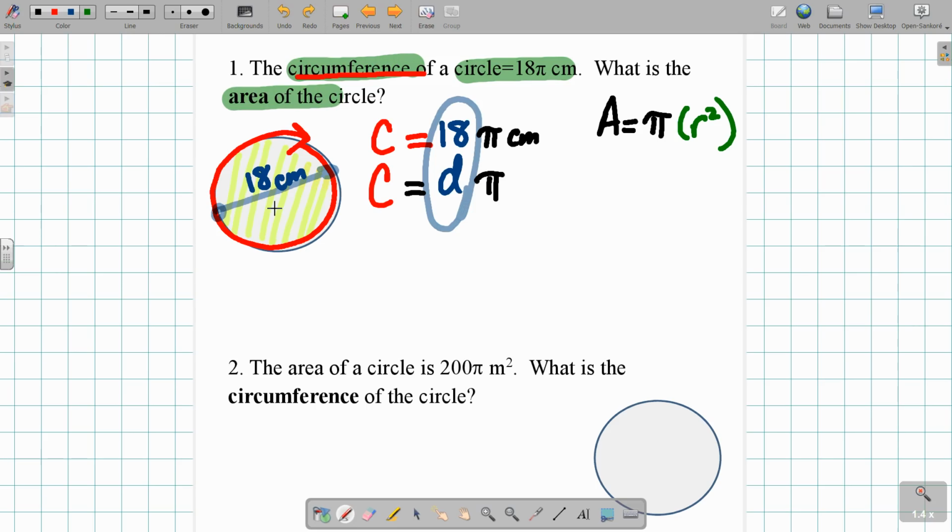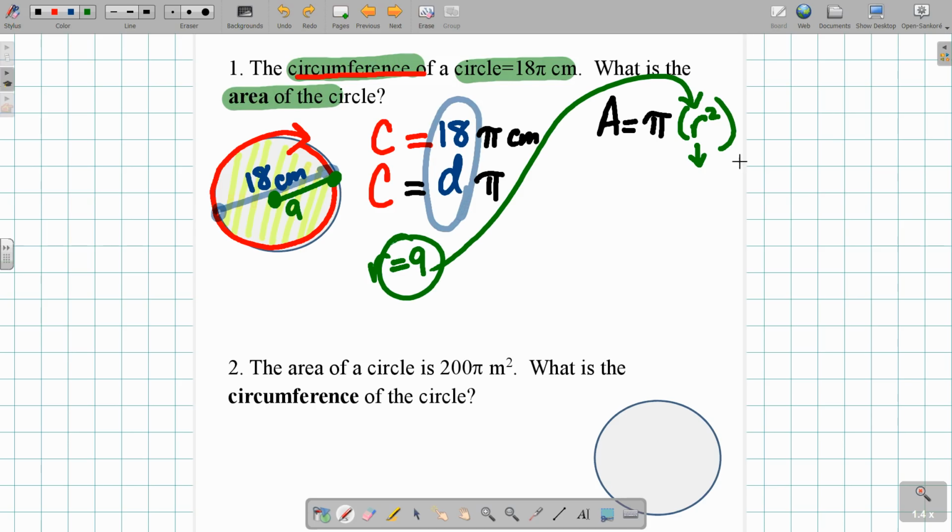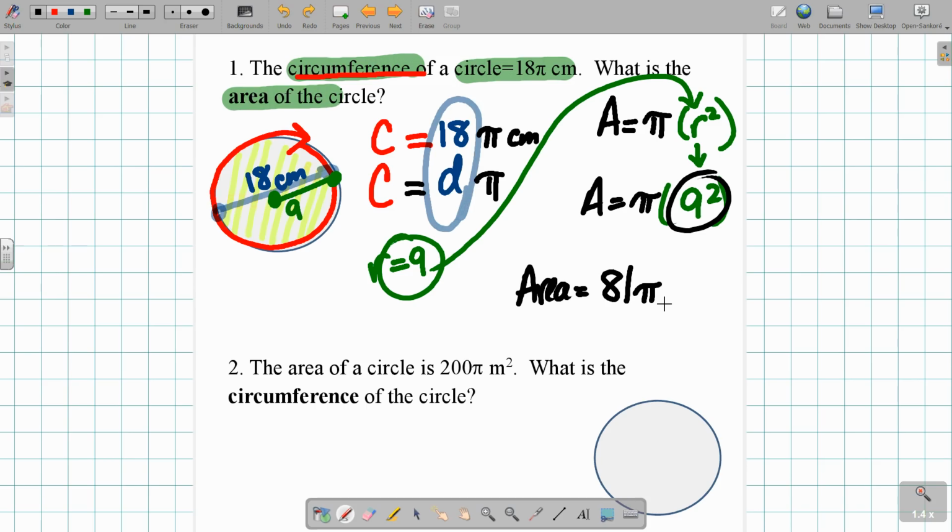And if our diameter is 18, our radius is 9. So now we take that 9 and plug it in right there. Bring down your equation. And the area equals 9 squared, which is going to be 81 pi centimeters squared.